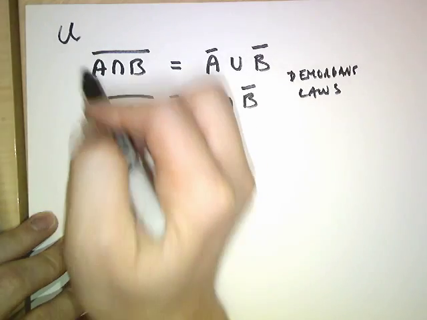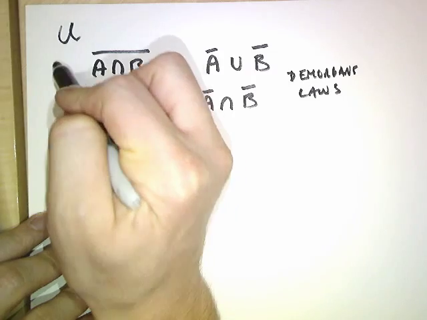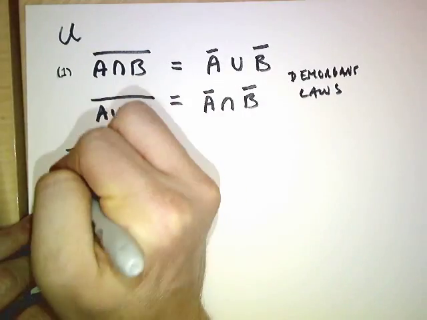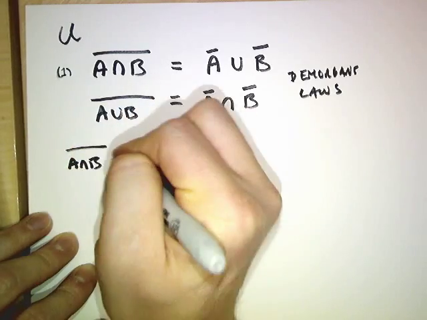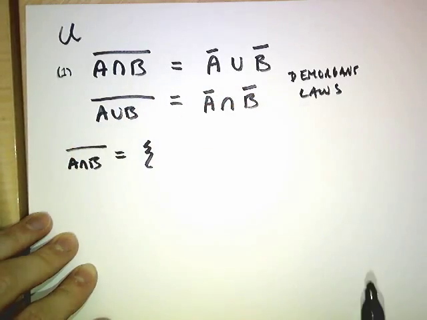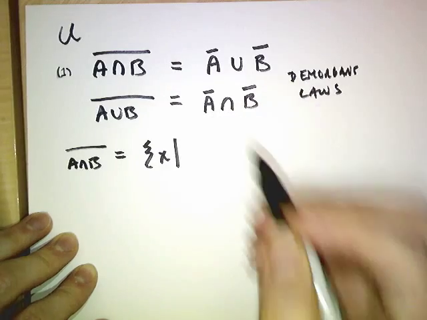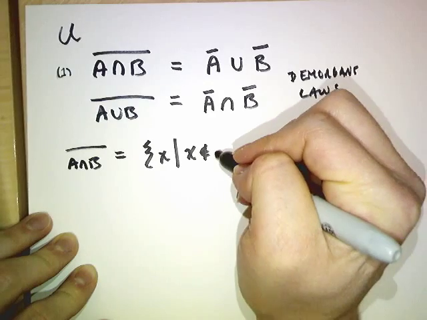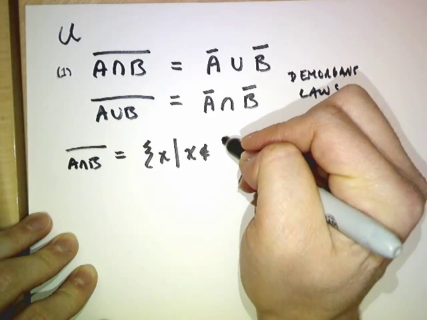So let's prove identity number 1 here. How do we prove this? Well, what is the definition of the complement of A intersect B?